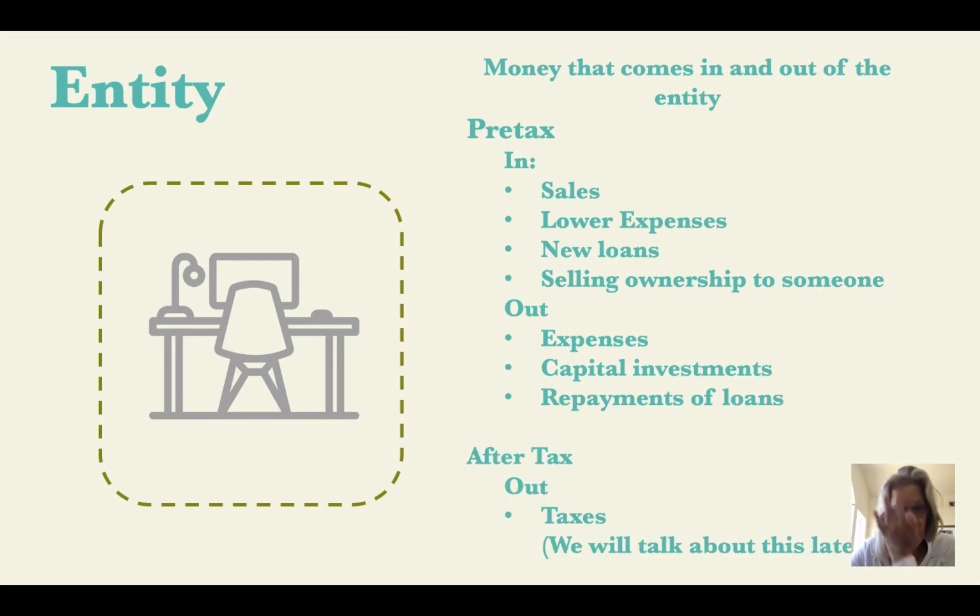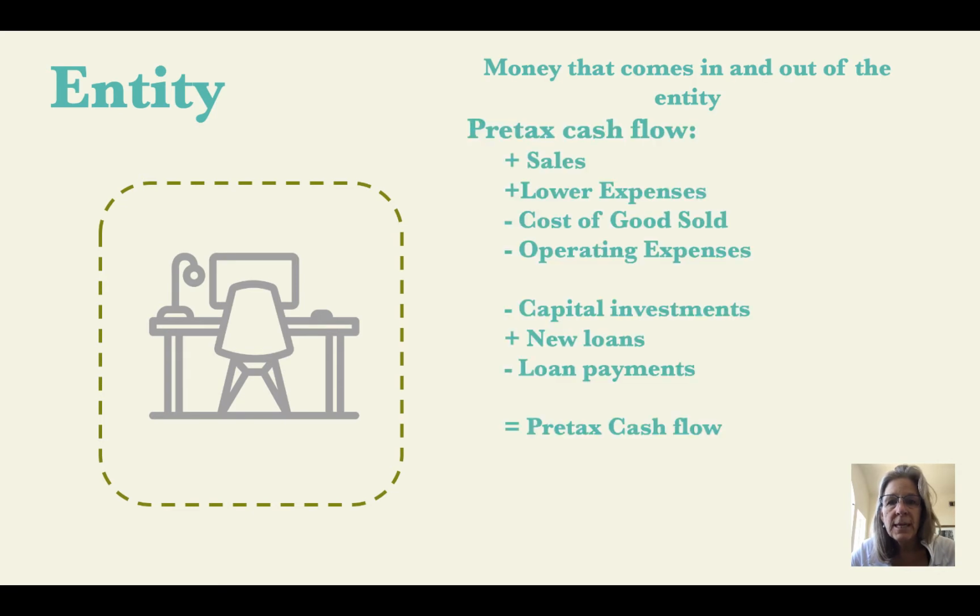On an after-tax basis, which is usually how companies do the analysis, we consider the taxes that are going out. We'll talk about this later, but in this video we're going to consider only the pre-tax numbers. For pre-tax cash flow, we add sales, add lower expenses, subtract costs of goods sold or increased operating expenses, subtract capital investment, add new loans, and subtract loan payments.